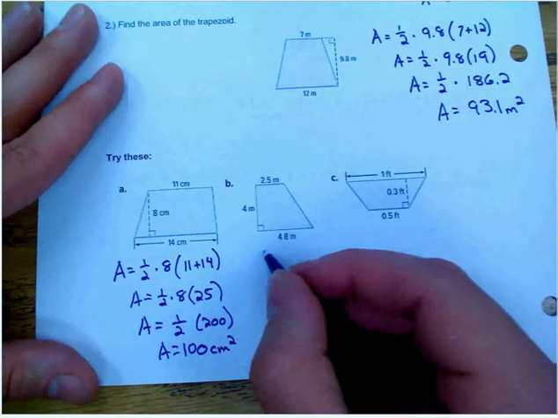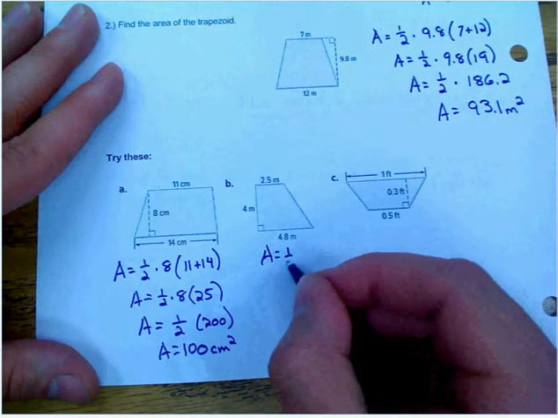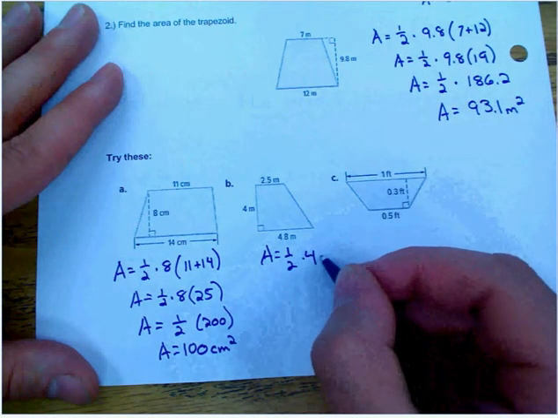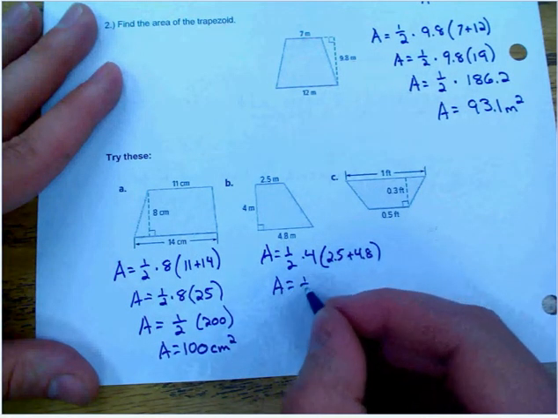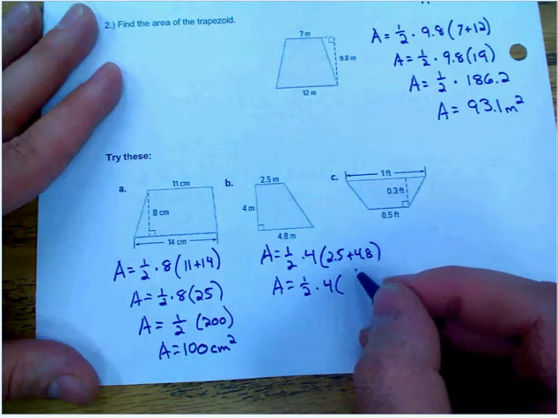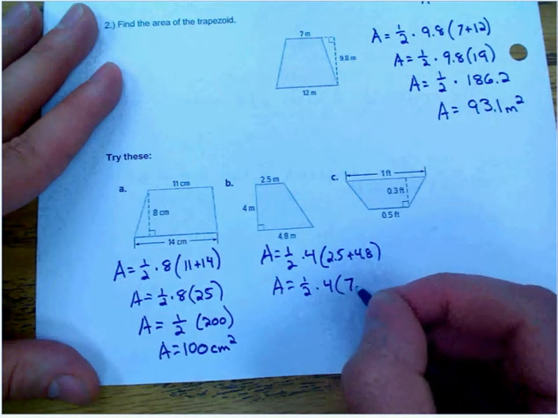Set it up. A equals 1/2 times 4 times (2.5 plus 4.8). Capital A equals 1/2 times 4 times 7.3.